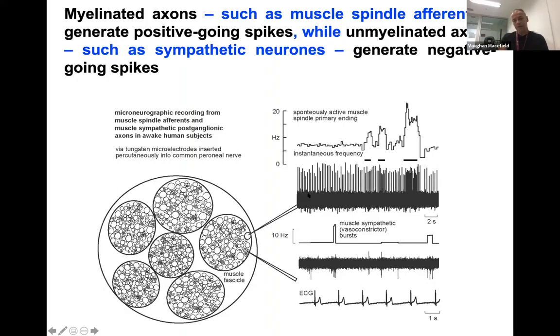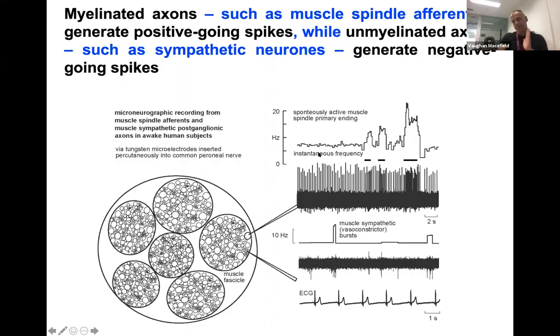And as you can see, they generate positive going spikes, whereas the unmyelinated axons generate negative going spikes. And that's just because unmyelinated axons, C fibers, do not have, by definition, the insulating myelin, so the action potential ion fluxes are occurring across the whole length of the axon rather than just at the nodes of Ranvier in a myelinated axon.